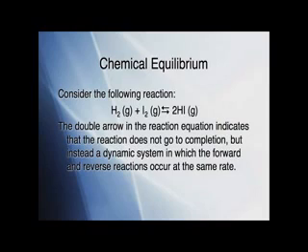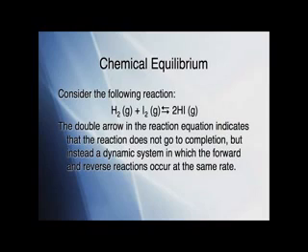So here we have the equilibrium reaction of hydrogen gas reacting with iodine gas to form hydrogen iodide gas, and the double arrow in the equation indicates that this reaction does not go 100% to completion in the forward or rightward direction to form hydrogen iodide, but is a dynamic system in which the forward and reverse reactions take place at the same rate.